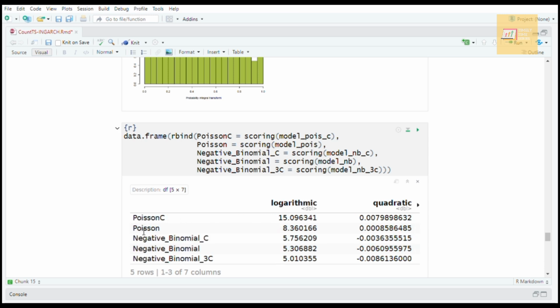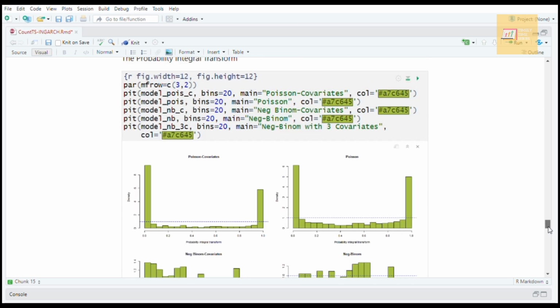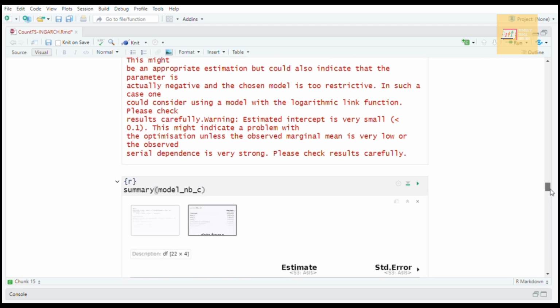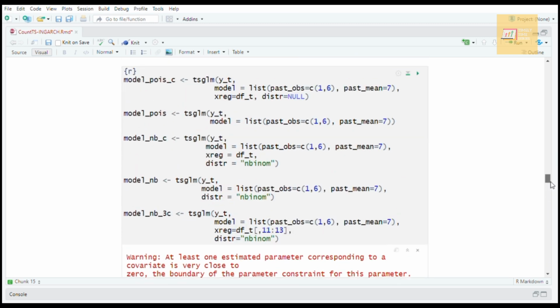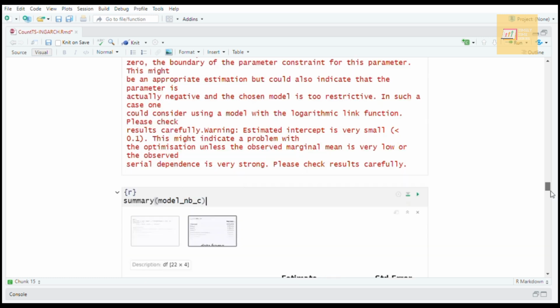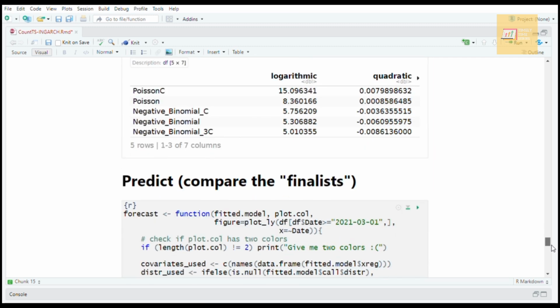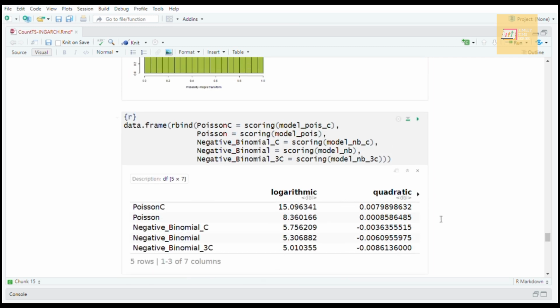As you can see, the order of the models is the same as how I fit them. Poisson with covariates, then Poisson without covariates, then negative binomial with all covariates, then negative binomial only, and then NB with 3 covariates only. We can see that these results are quite consistent.